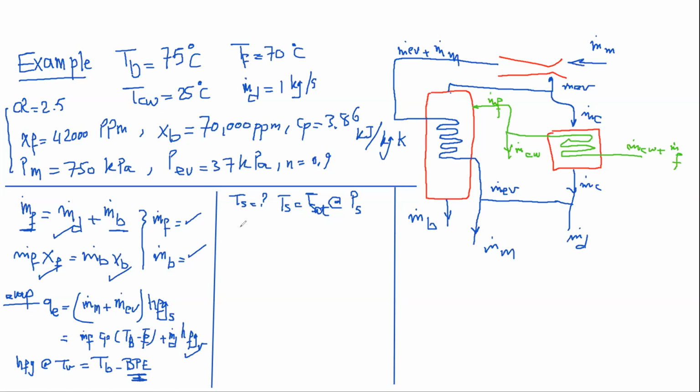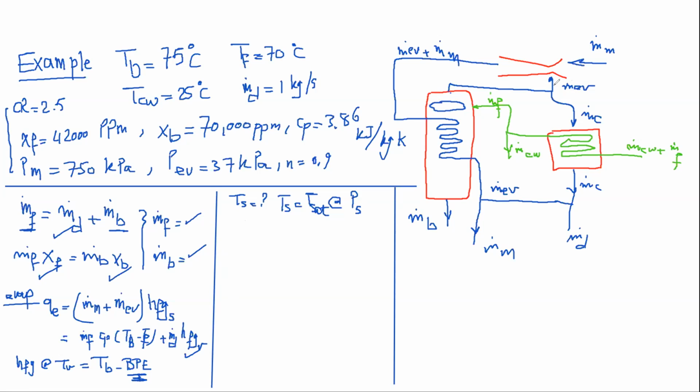Just a small question. Go ahead. Can we find HFG at the vaporization by knowing TV and PEV, right? By knowing TV, the saturation temperature at TV. We are talking about this area here. Look at the figure. We are talking about here, the evaporation that occurs here.